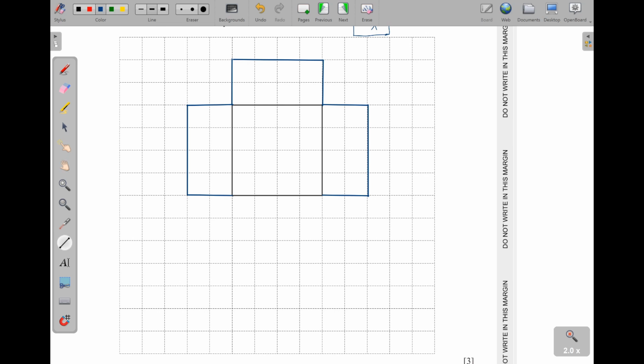This one is the one that comes also down here, because we are having 2 congruent faces that are opposite to each other. And then the one that is in the middle, we draw 4.